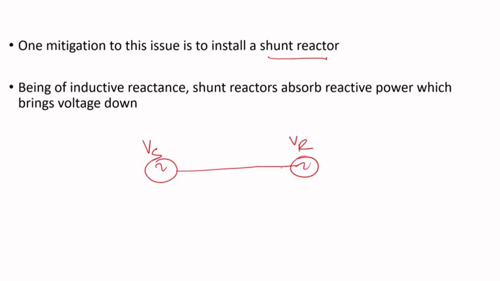At the substation here, you would install a shunt reactance. Shunt means it's connected line to ground. It has some inductance, XL equals 2 pi f L, because we know inductance absorbs reactive power. So what it's going to do is bring the voltage down.